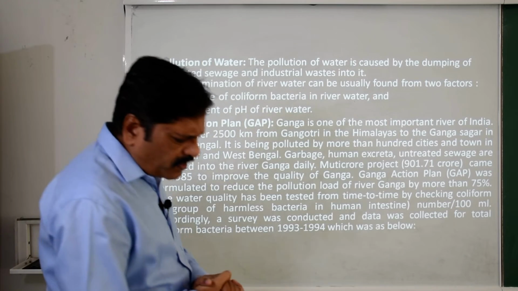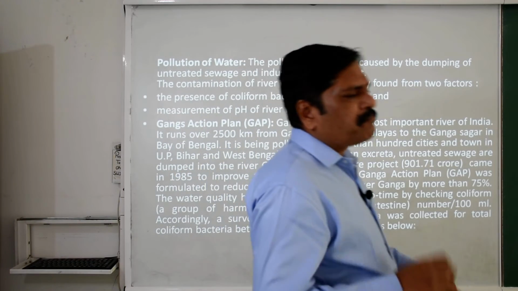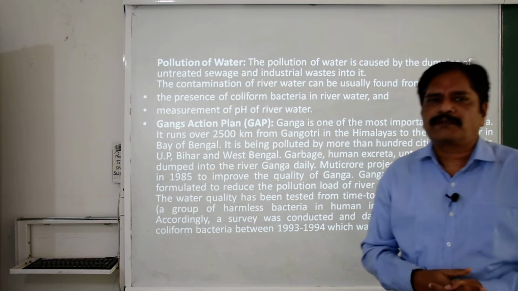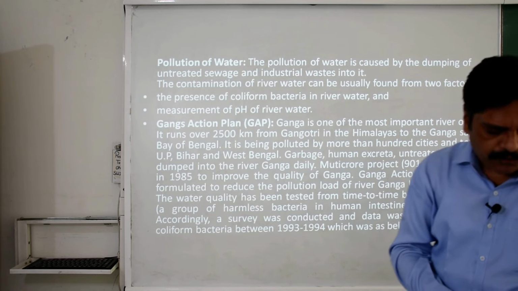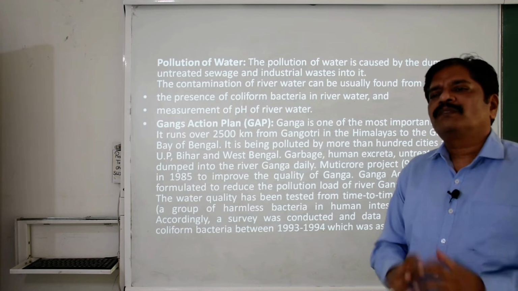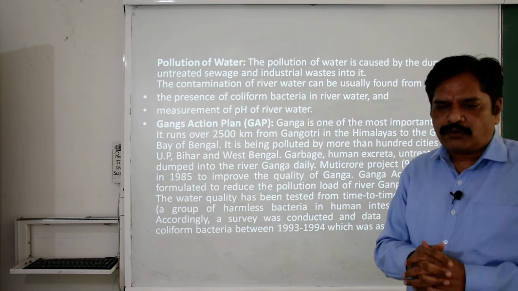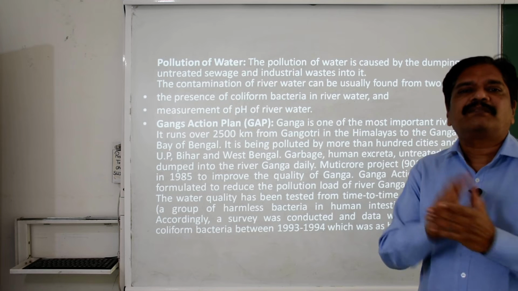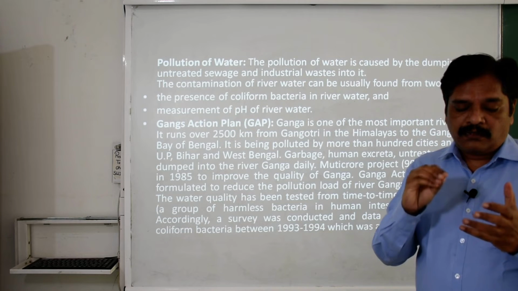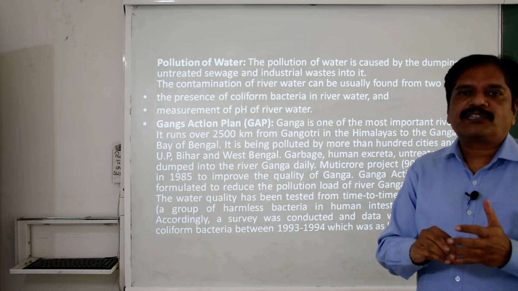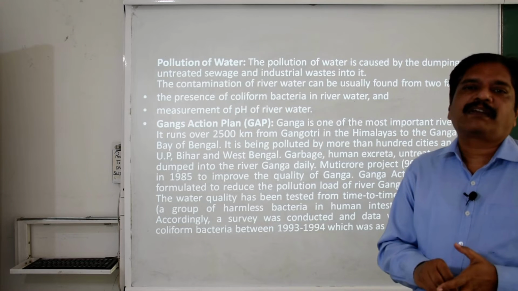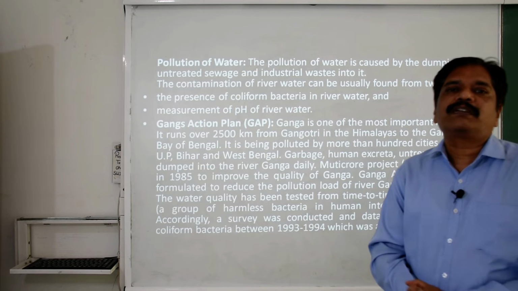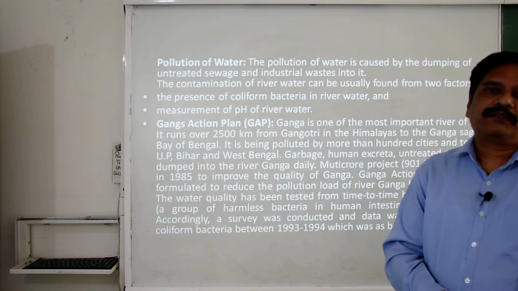Now these days the main problem that arises in the use of natural resources is that of water, that is the pollution of water. You know that. What is pollution? Simply, any kind of undesirable change in the biological, physical or chemical condition which makes this resource unfit for the use of living beings is called pollution.